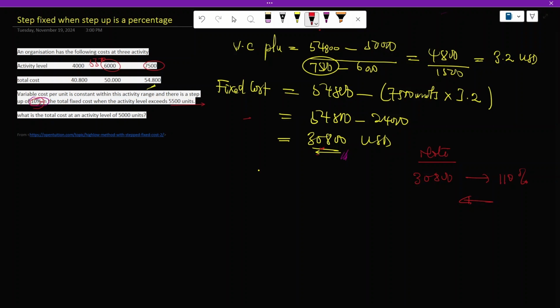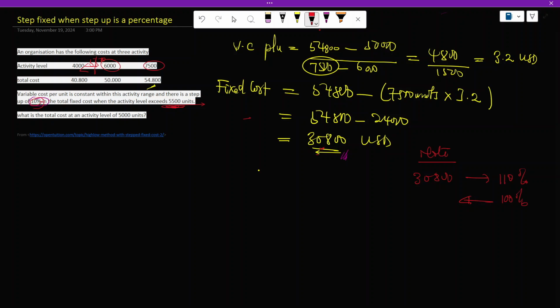Okay, so we need to work back. If we have to work back, it means that any amount that is below 5,500, as in between here and going down to 4,000, is equivalent to 100%.